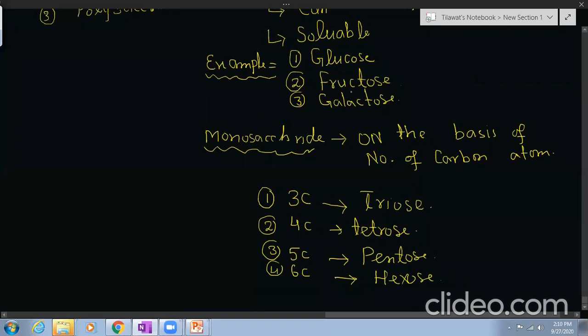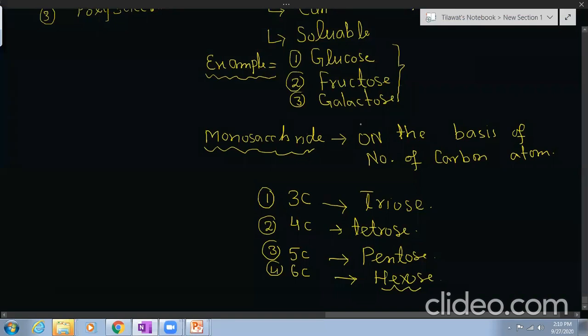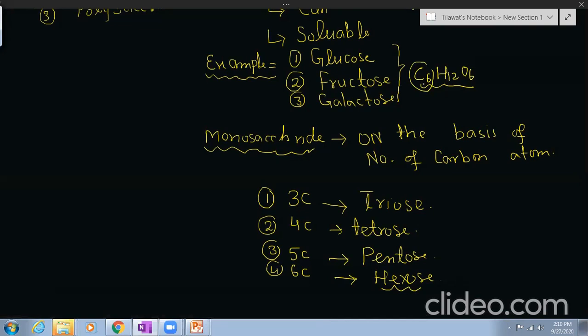Right? So for these examples that I wrote here, the formula for all of these is what? C6H12O6. It means in this molecule we have 6 carbon atoms. So this is an example of hexose.